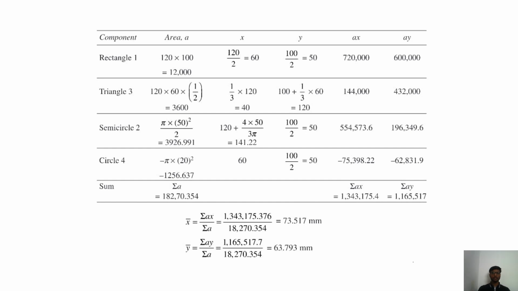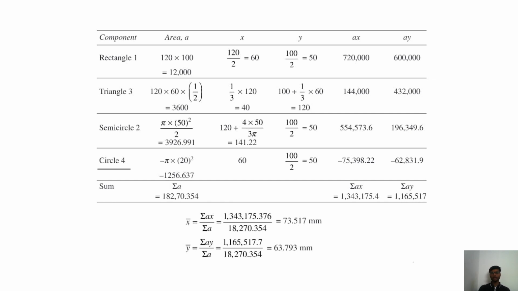The next component is the circle. To find the area of the circle, we have the formula pi r square, but we will get the answer in negative because we have to exclude the circle from this diagram. Therefore, the area of the circle is minus 1256.637.